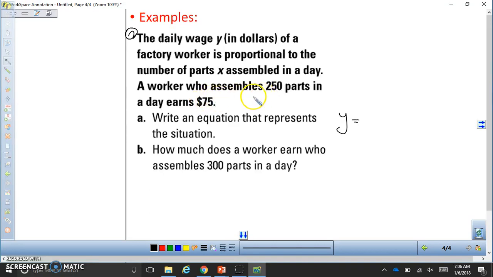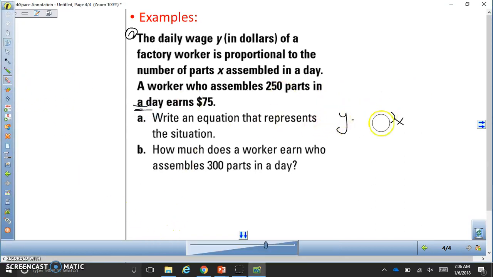So I need to figure out how much they make, because X stands for the number of parts assembled. I don't know how many parts they assemble in a day, but yes, it says a day right here. Oh, great. So now we can make our equation.